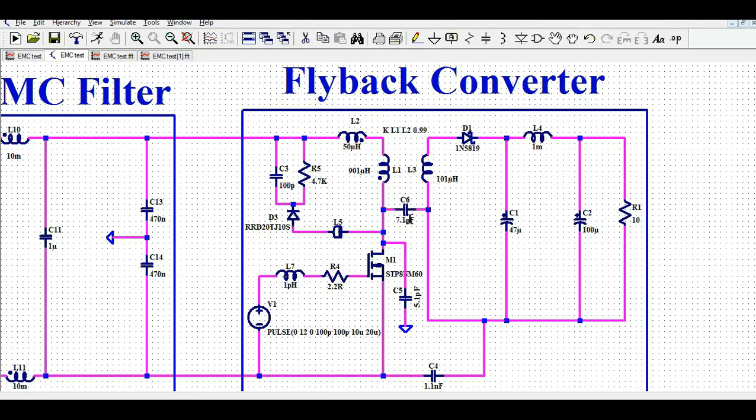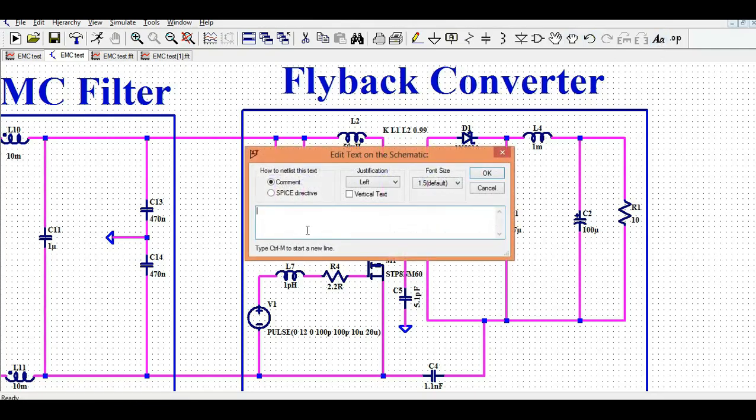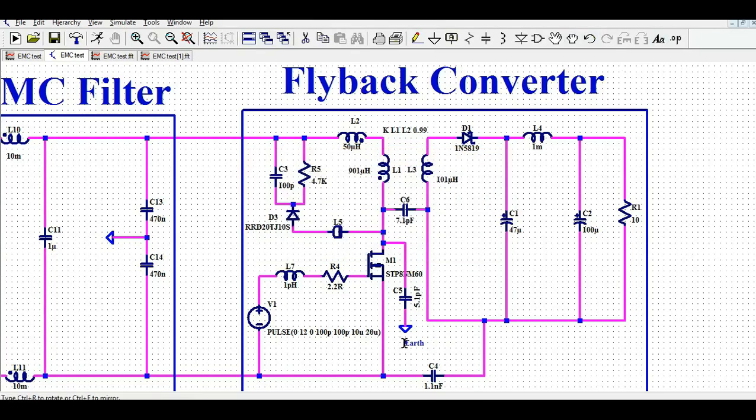L7 here is the interwinding capacitance between the primary winding and the secondary winding, which I have modeled as 7.1 picofarad. Here I'm using the drain-to-source capacitor, or any stray capacitor, between the converter and your earth, because C5 is connected to the earth terminal. Let me label this EARTH.